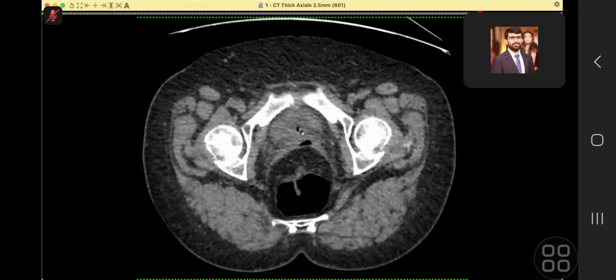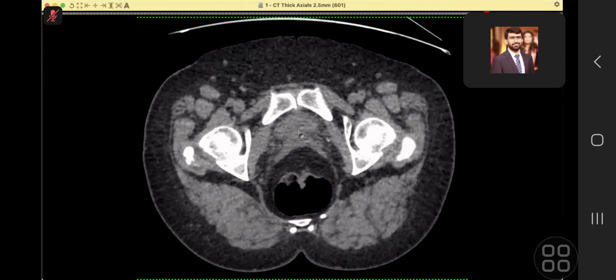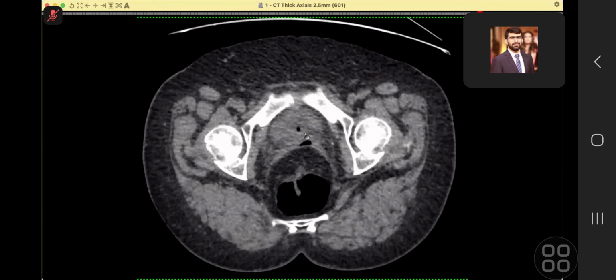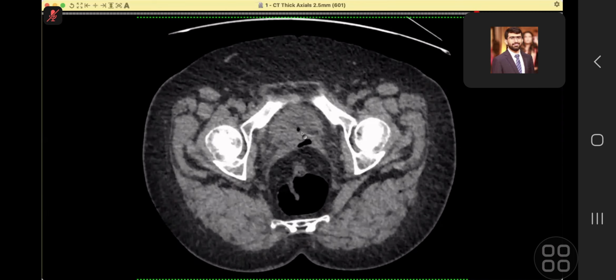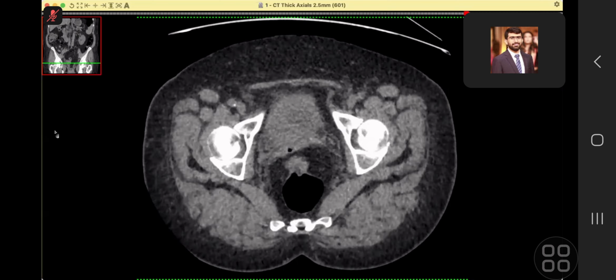The most important findings on this non-contrast CT are perivesical fat strandings, and there is an air locule which appears to be inside the bladder, and I would like to confirm it on the sagittal views if available.